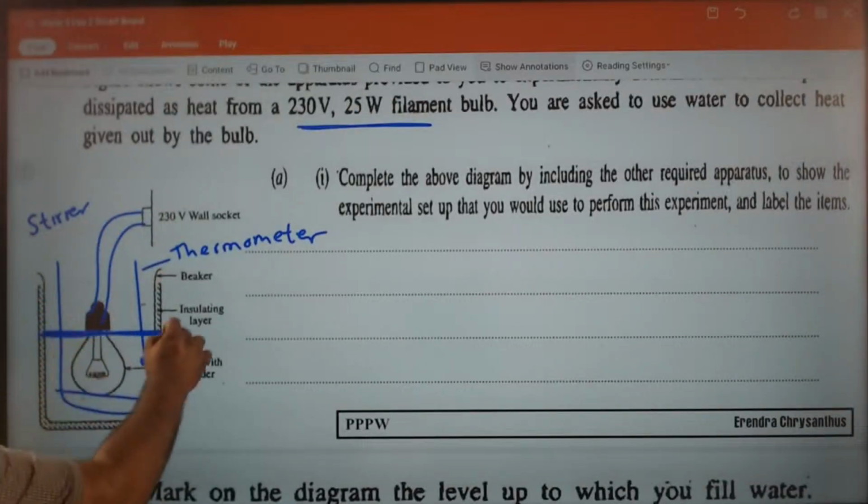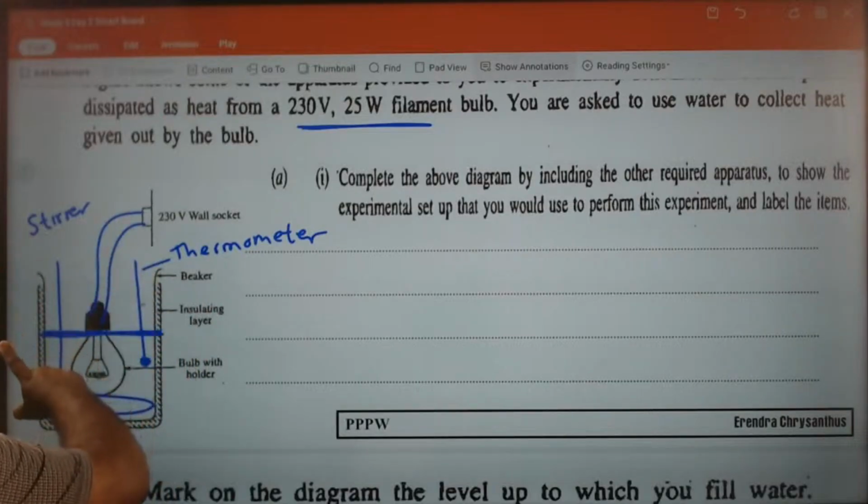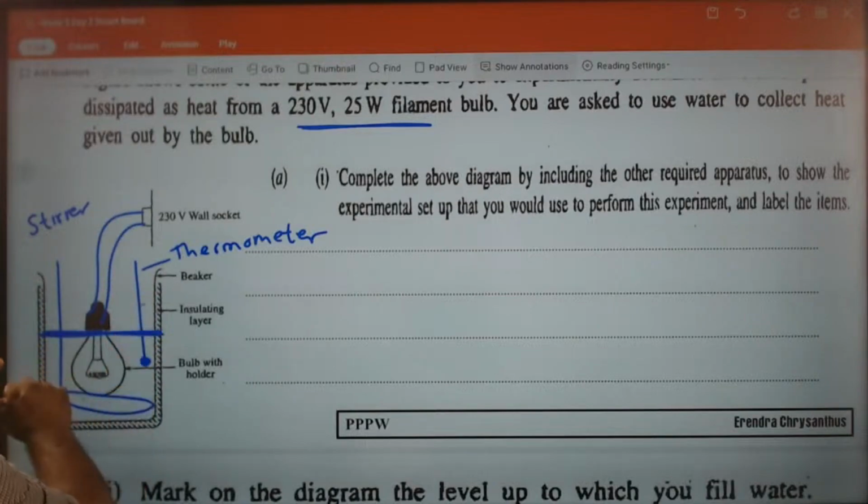So, bulb holder, insulated layer, beaker. So, there can be heat loss due to convection. Convection in water, convection from the vessel. Also, there can be heat loss due to radiation. Also, there can be heat loss due to evaporation.